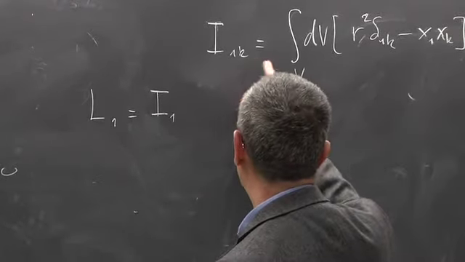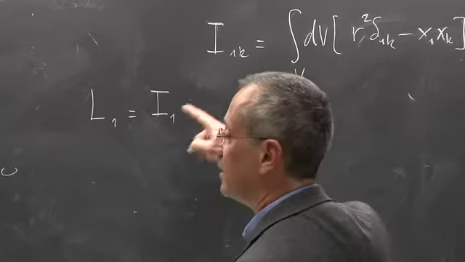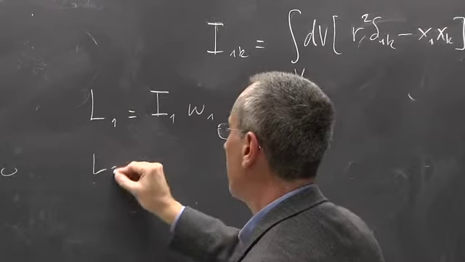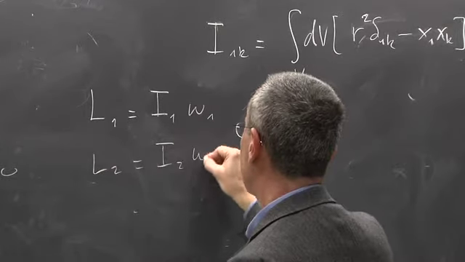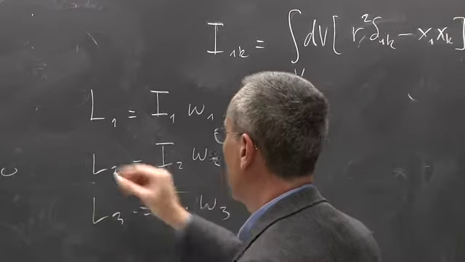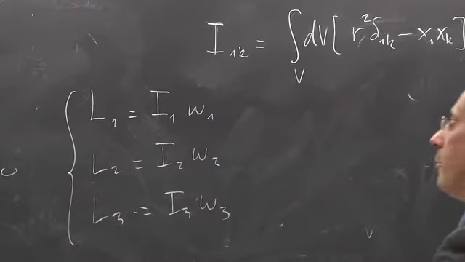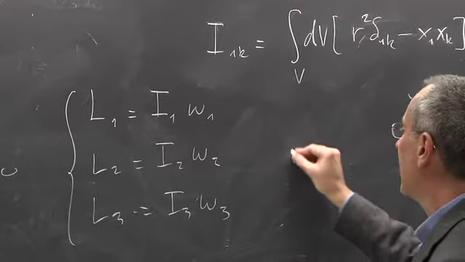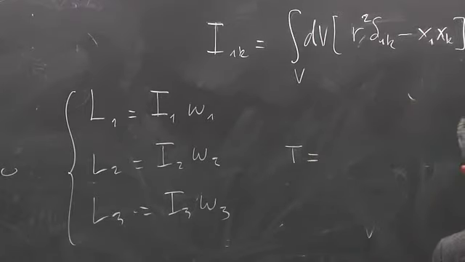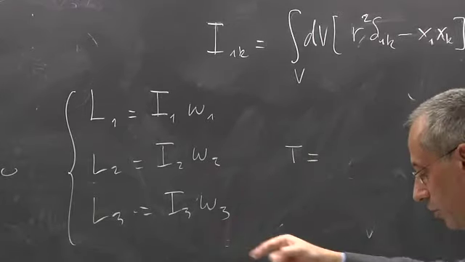the only three components that survive in this tensor after diagonalization, and so you see they are all just proportional in this case. So I can write my three components in this form. I write them, and then the kinetic energy is much simpler. I don't have to introduce this tensor. I just have these three components.